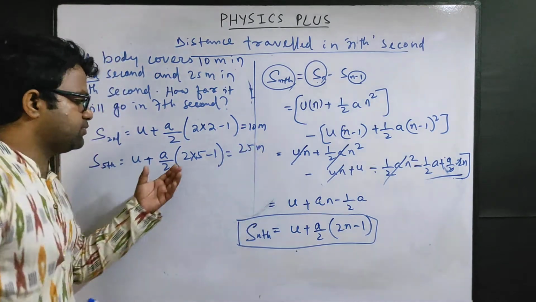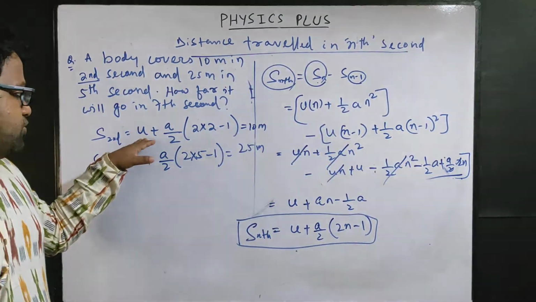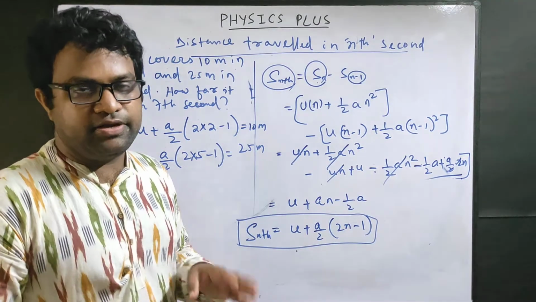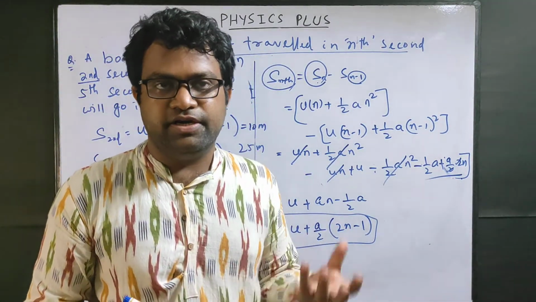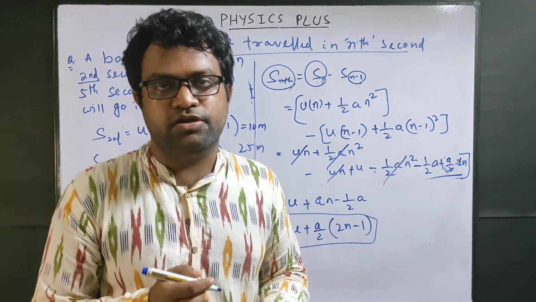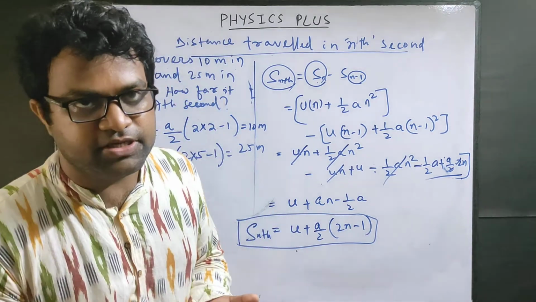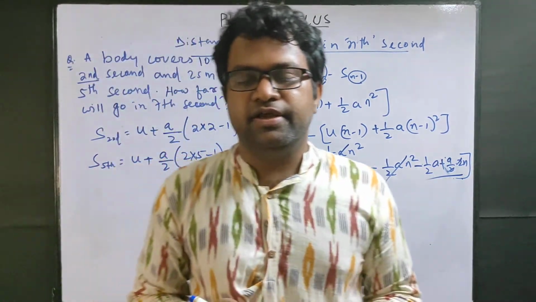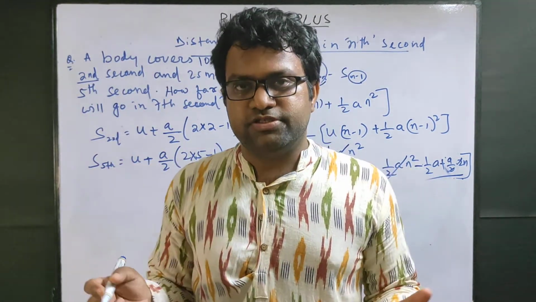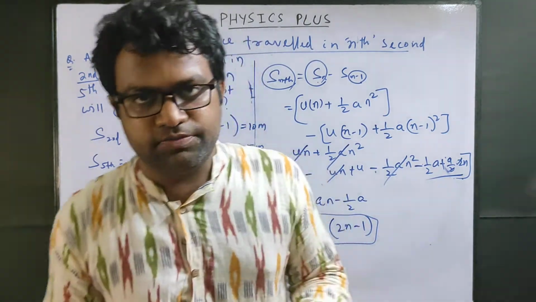Now you see, important thing, two variables and two equations are there. You can solve this by the standard procedure, substitution, elimination or cross multiplication. If two unknown quantities are there in two linear equations, you can solve it, right?